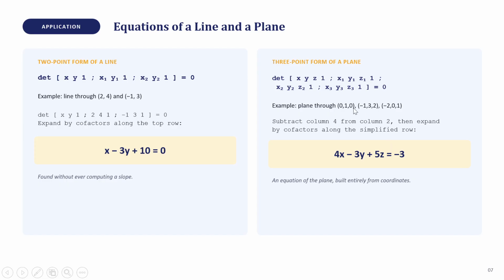If you try to form this, the determinant of A is equal to 0, 1, and below it negative 1, 3, and 2, and then 2. As you can see, if you subtract column 4 from column 2, then expand the cofactors along some row, it gives us 4x minus 3y minus 5 equals 3. I can show this in the class, but discussing here, why not just stop it now?